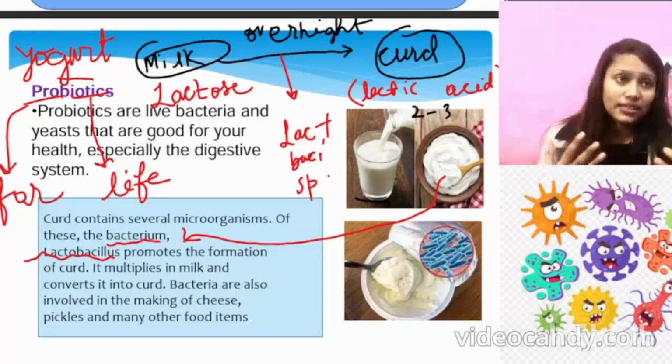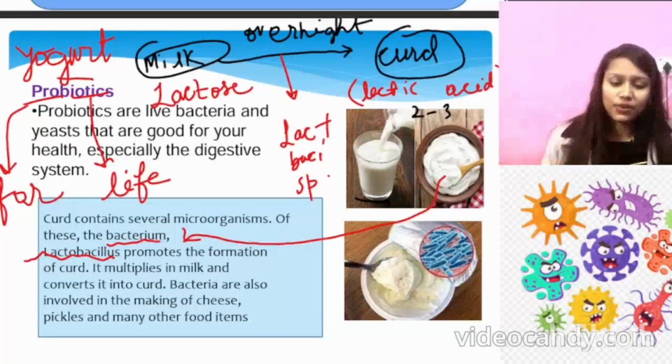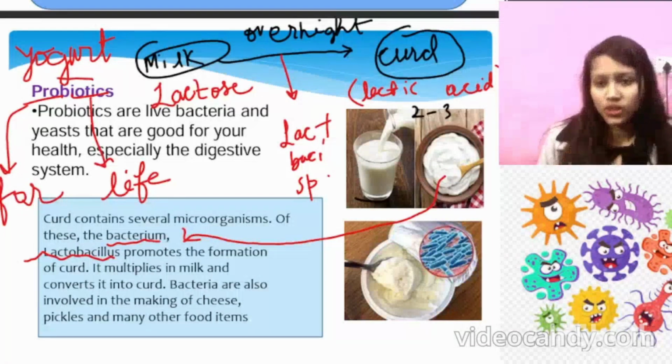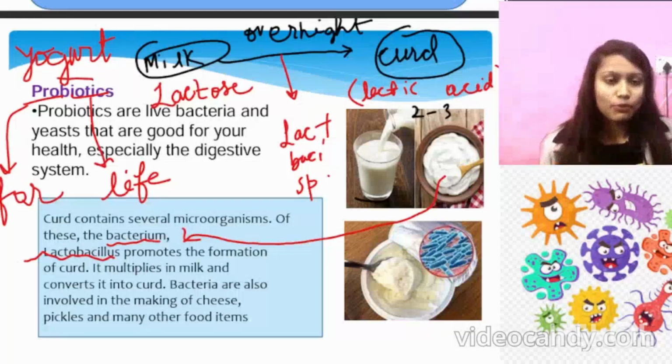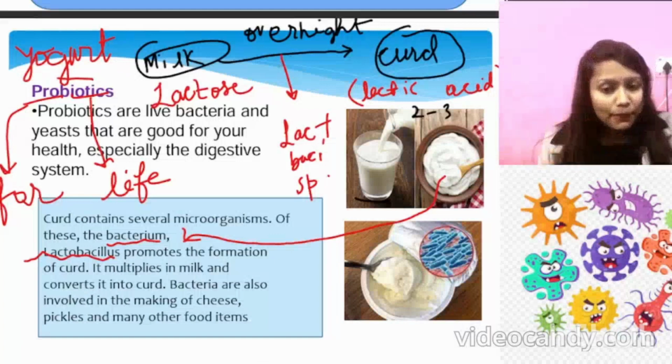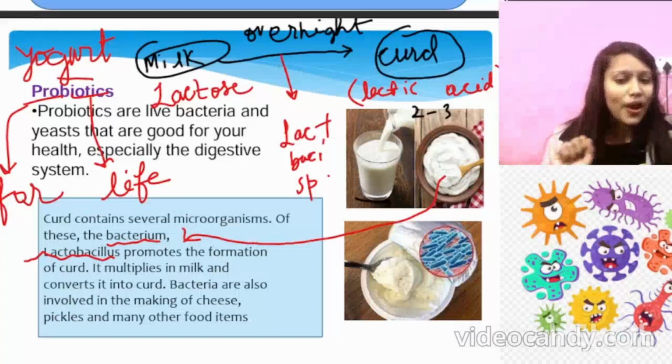There are even certain microorganisms which are naturally present in our body, in our digestive tract, and they help in the digestion process. Like our bowel movement, if we take them in appropriate amount, they can help in the bowel movement also, for getting rid of the waste in our body. They can aid digestion. They can improve your appetite also. So these are probiotics.